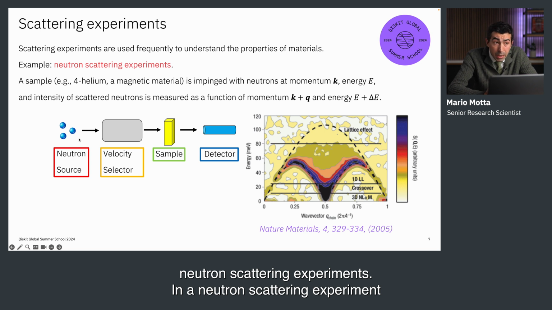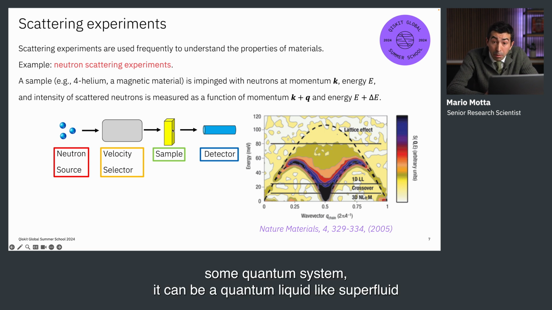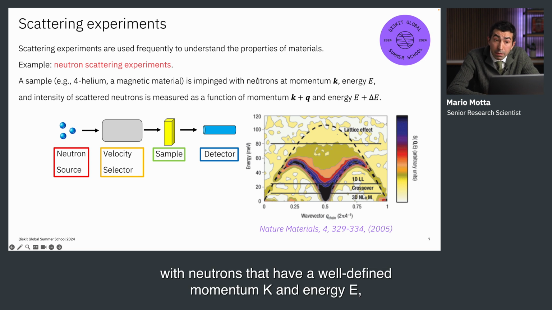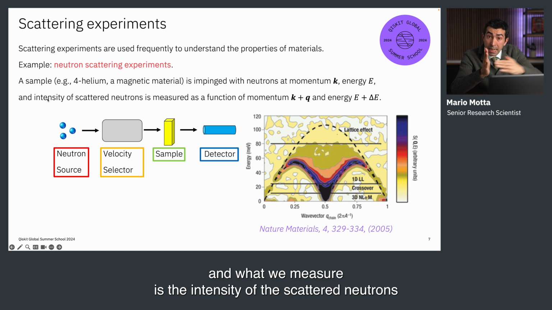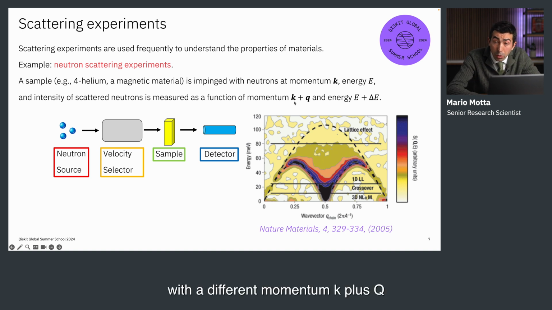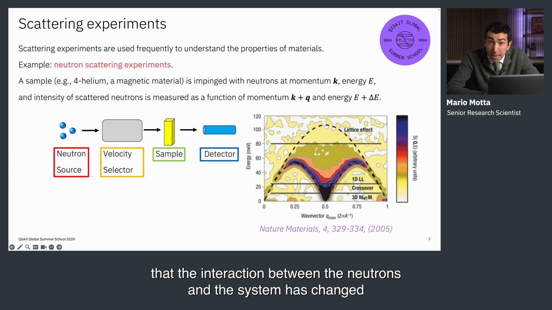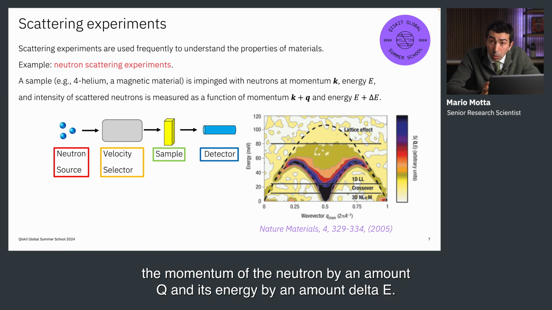In a neutron scattering experiment, some quantum system, it can be a quantum liquid like superfluid helium-4 or a spin system, is hit with neutrons that have a well-defined momentum k and energy E. What we measure is the intensity of the scattered neutrons with a different momentum, k plus q, and a different energy, E plus delta E. A higher or lower intensity of scattered neutrons, we see an example on the right, means that the interaction between the neutrons and the system has changed the momentum of the neutron by an amount q and its energy by an amount delta E.